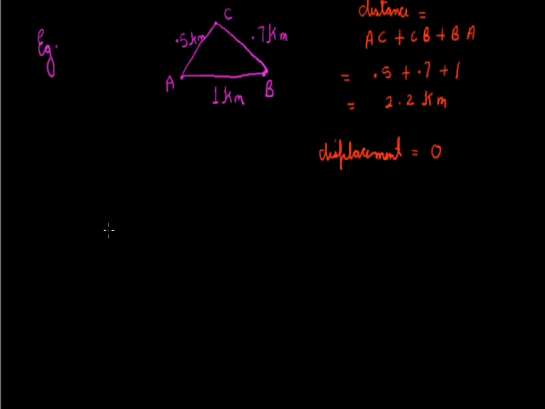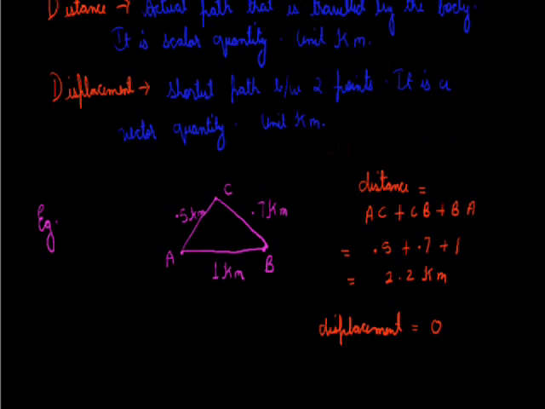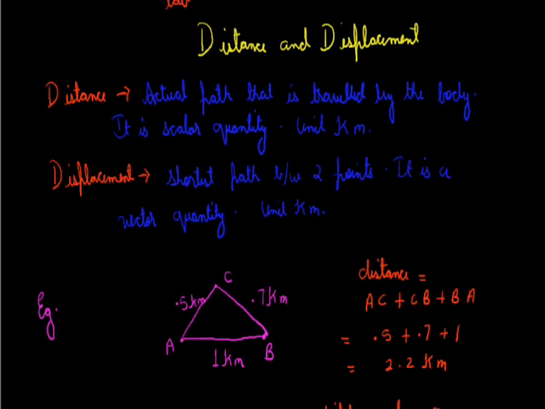Here we conclude that the distance can never be 0, but the displacement can be 0 only in the case when the final and initial positions are the same. Now we will discuss the difference between distance and displacement. By definition, distance is the actual path while displacement is the shortest path.